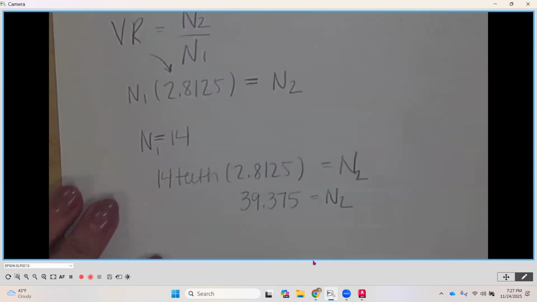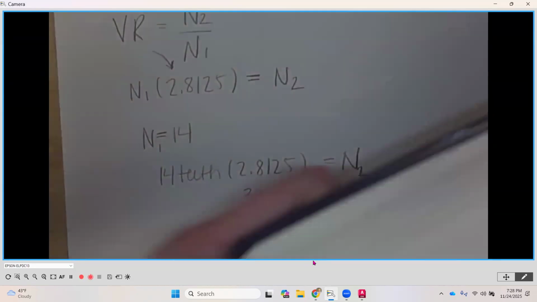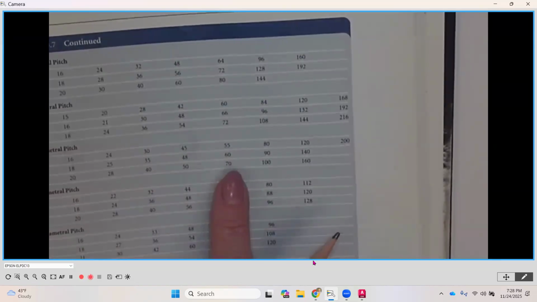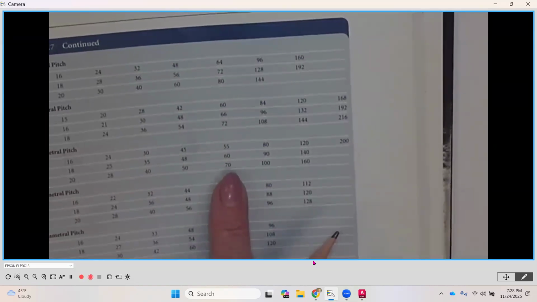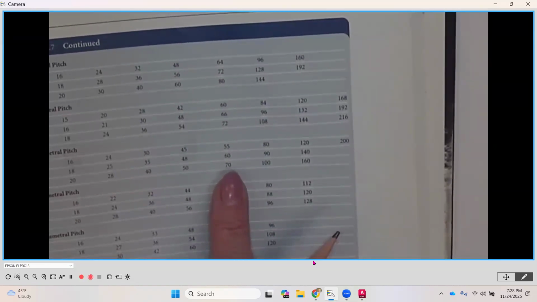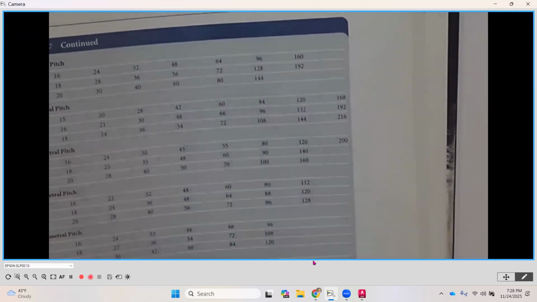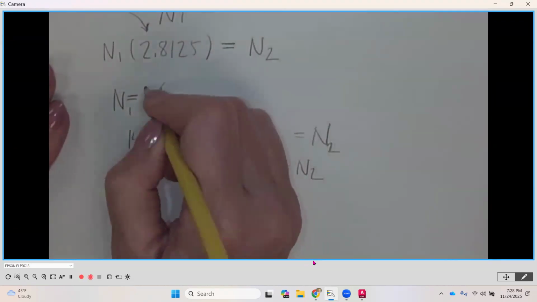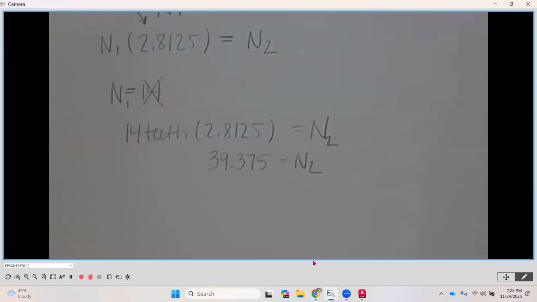Do you get a value of 39.375? Yeah. So if we look at our list of availables, do we see 39.375? No. And just the fact that we got a decimal number is not going to work for us. We have to get exactly 320, so we've got to get an integer number. So that means that N1 at 14 is not going to work.